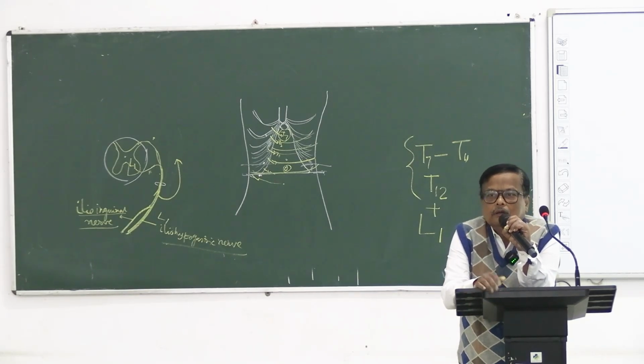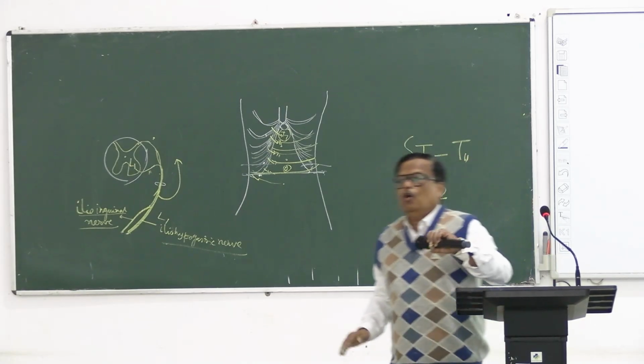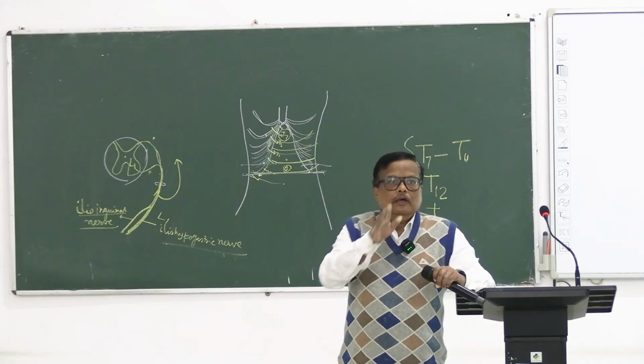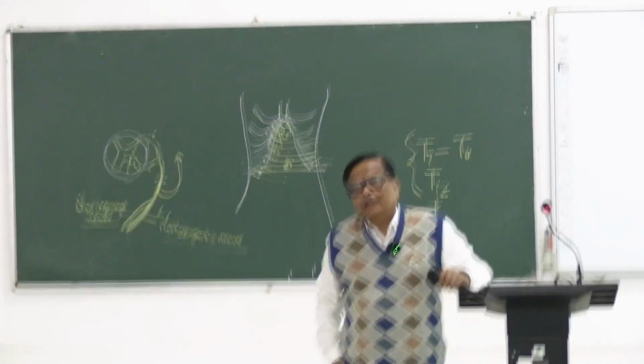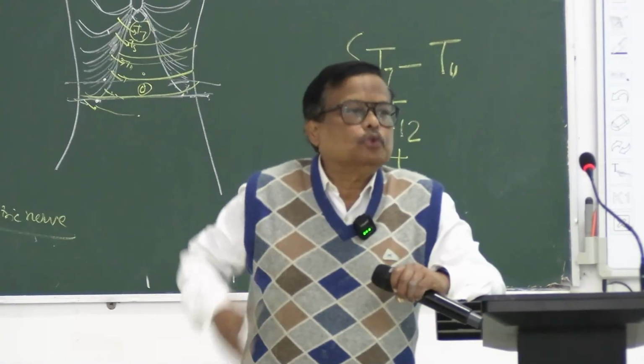It pierces and comes to be superficial. Listen carefully, you will understand this better when you study the inguinal region. All these nerves after the origin pass in a neurovascular plane. What is the neurovascular plane in the thorax?